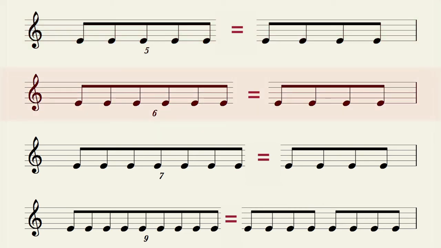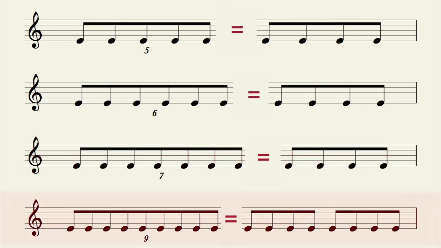Similarly, divisions into 6 equal notes are called sextuplets and are indicated by a 6 either above or below 6 even notes. And those 6 notes are played in the time of 4. A septuplet is 7 equal notes with the 7 either below or above, and those 7 notes are played in the time of 4.